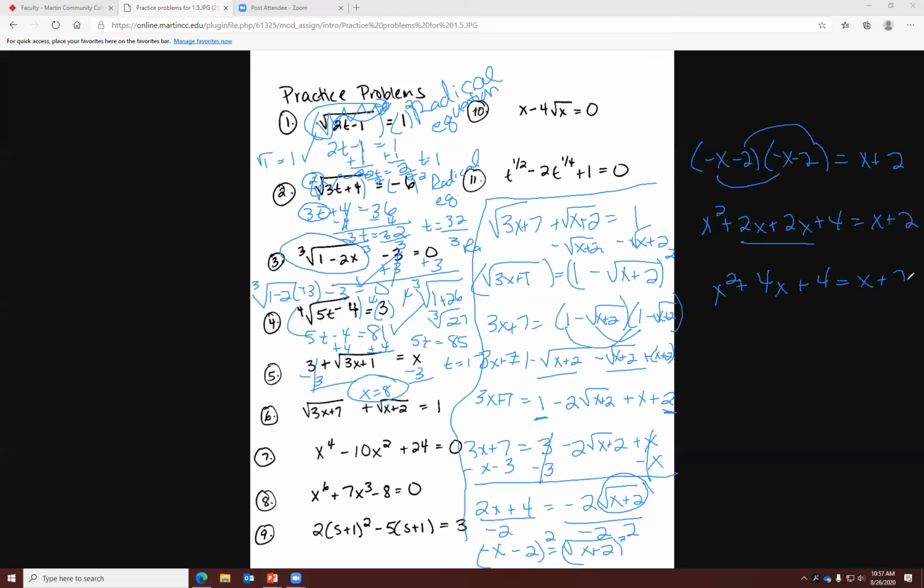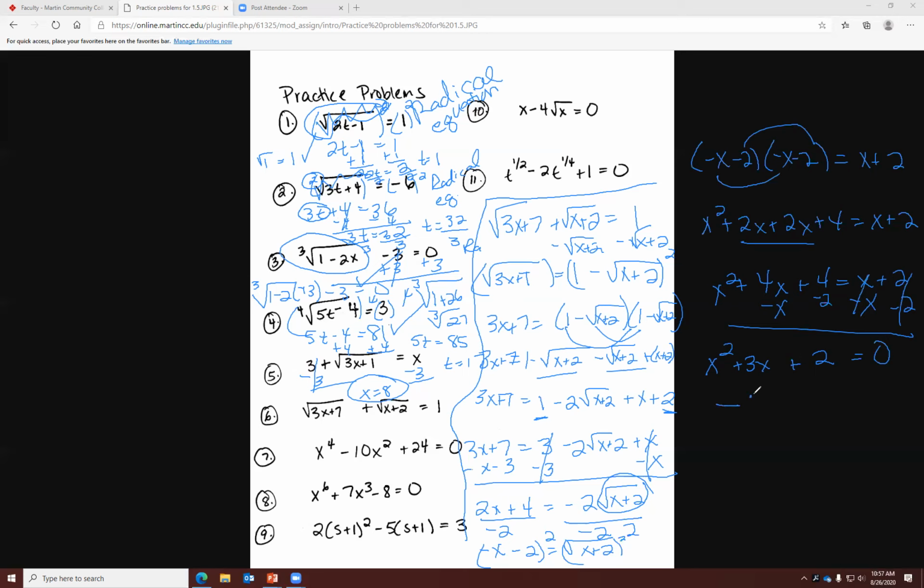Again, how do I know what this is now? Well, there's a square here, so that means it's going to be a quadratic. And remember, to solve a quadratic, we must get it equal to 0. So what I'm going to do is move everything over. So I end up with 0 equals x squared plus 3x plus 2. And now this is an easy question to factor, okay?